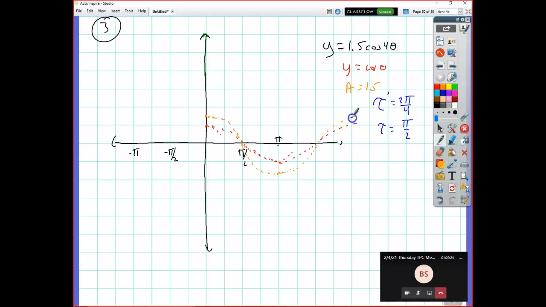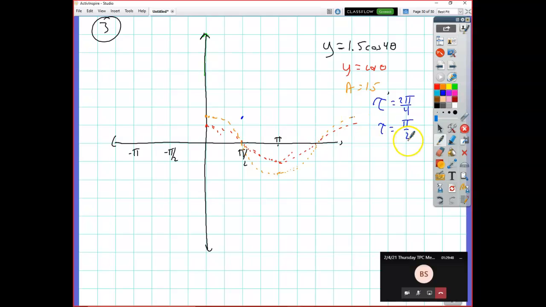So I'm going to be here at pi over 2, aren't I? I'm going to do this whole entire curve by the time I get to pi over 2. Agreed? No, wait, how did you get... A normal period is 2 pi, agreed? Yes. But we're going to do the whole thing.